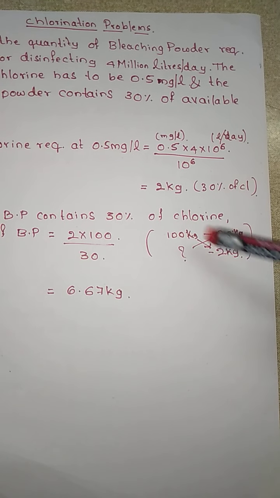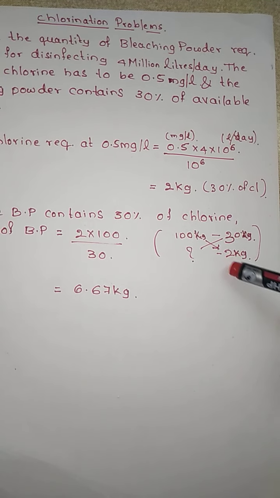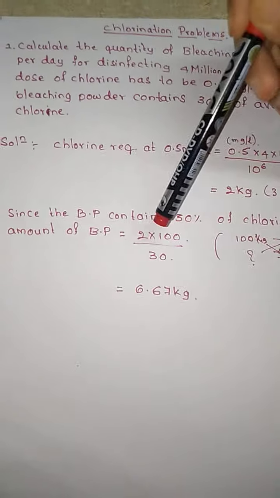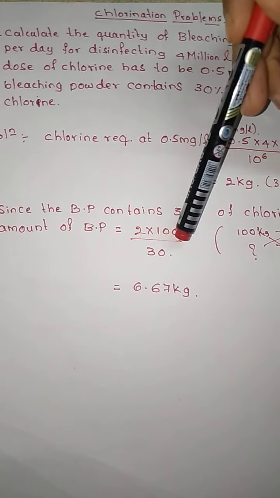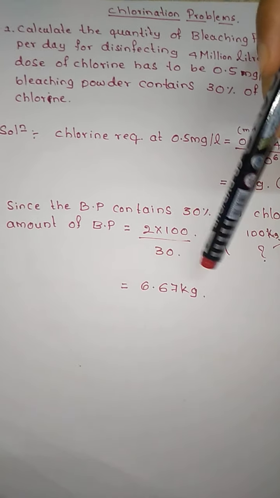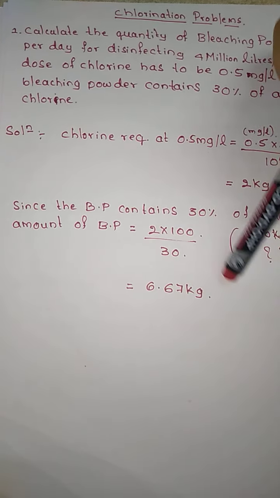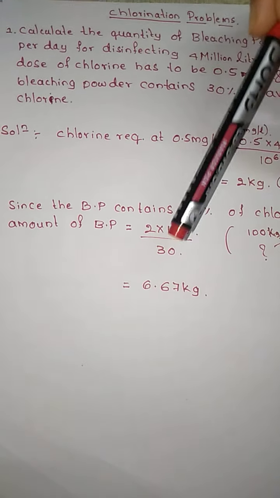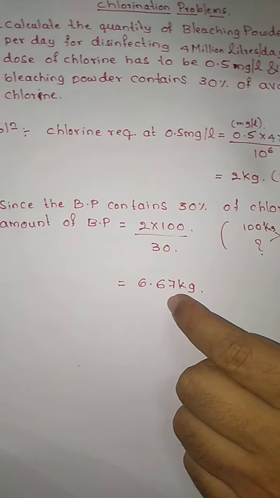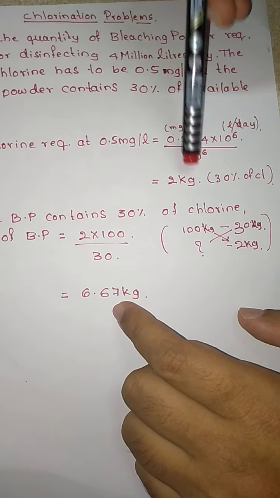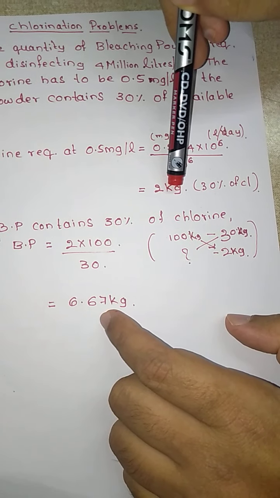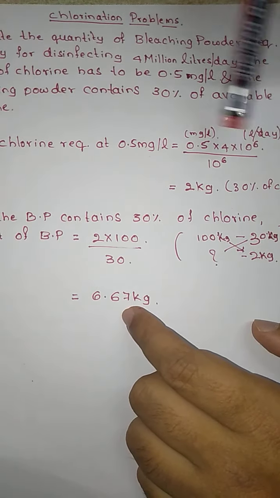So after cross multiplication, 100 kg multiplied by 2 kg divided by 30 kg, we get 2 into 100 divided by 30, which is equal to 6.67 kg. This is the quantity of bleaching powder we require. This 6.67 kg contains 2 kg of available chlorine. I hope the problem is understood. I will brief it once again.